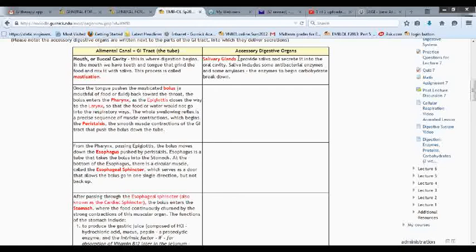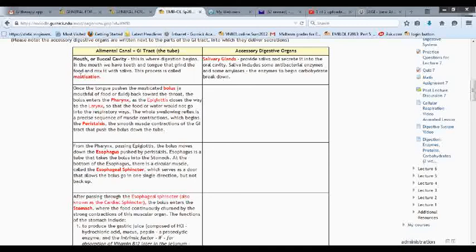And then that's where the salivary glands contribute their secretions, because salivary glands produce certain enzymes that start the digestion of starches actually, and produce some antibacterial enzymes and fluids, and actually some anti-acid chemicals.